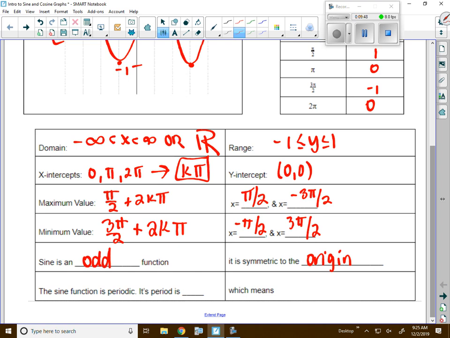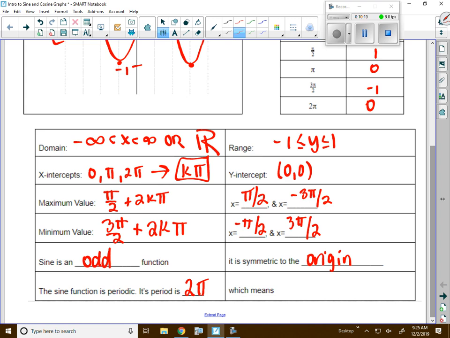Okay? Sine and cosine functions have something called a period. So think about periods for school, right? Each period is 50 minutes, and then you repeat it. Kind of an easy way to think about it. Sine has a period of 2 pi. So what that means is that from 0 to 2 pi, everything is new.